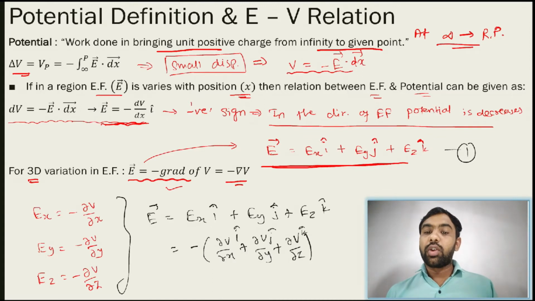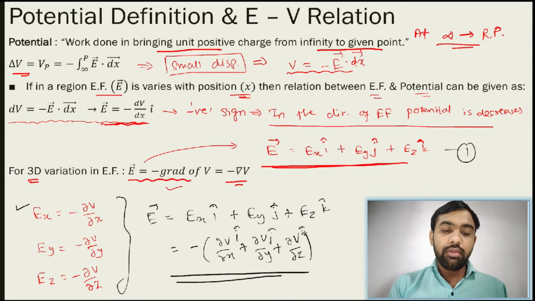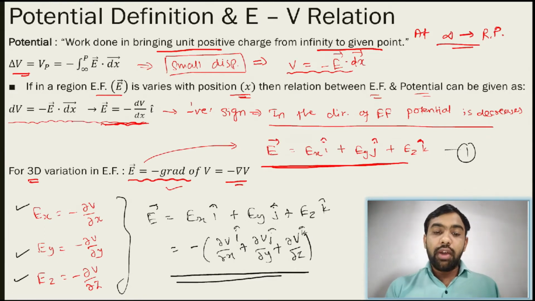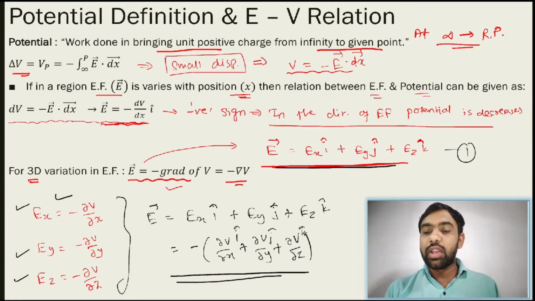But you must find these 3 terms, the electric field in a particular direction, by using the partial derivative of V with respect to x, y and z. You get Ex, Ey and Ez, and finally you put these values in equation number 1 to get the net electric field vector for the given condition. This is the simple relation between the electric field and potential. All of you note this, then we go to the next topic.